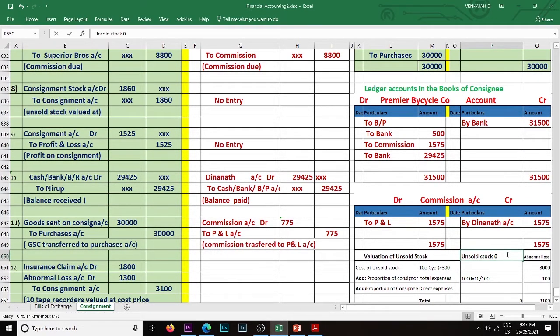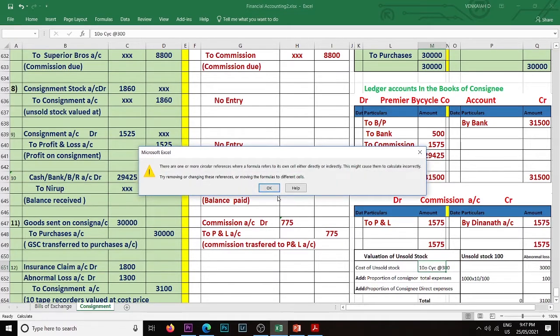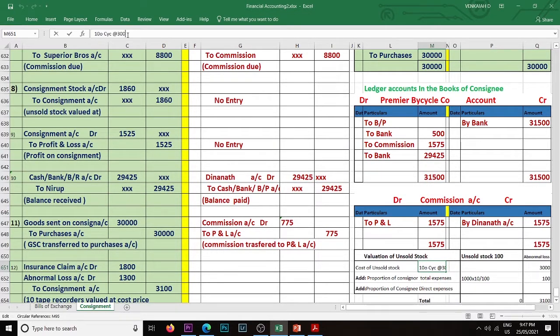Unsold is 100. 100 into 150. Here it is 15,000. I hope you calculated it before me. You are calculating faster than me, I think. Okay? 15,000.